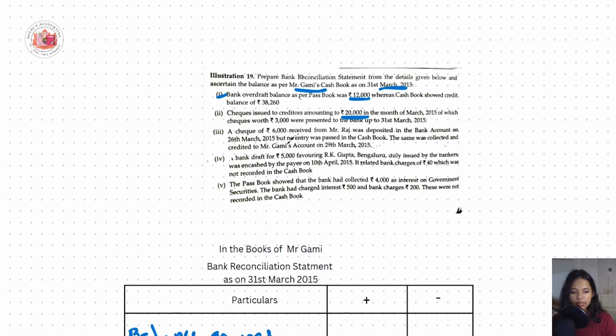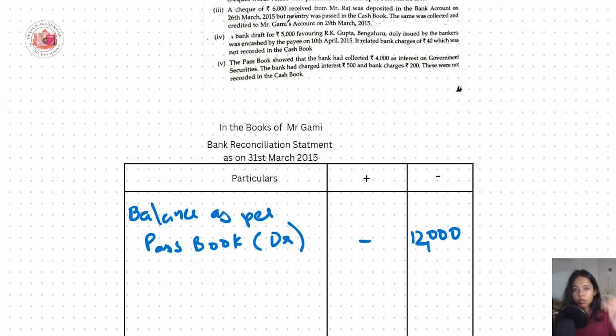That means rupees 17,000 is still there in our passbook. Our passbook balance is more by rupees 17,000 than our cash book, and if I want to equalize the two, then I'll have to deduct this 17,000 from my passbook.